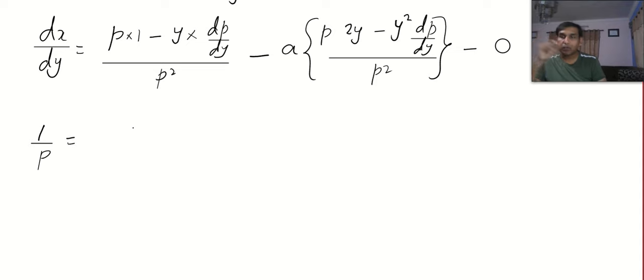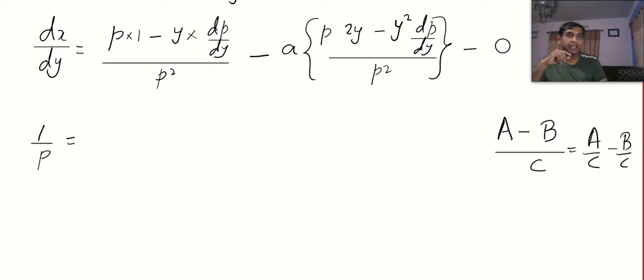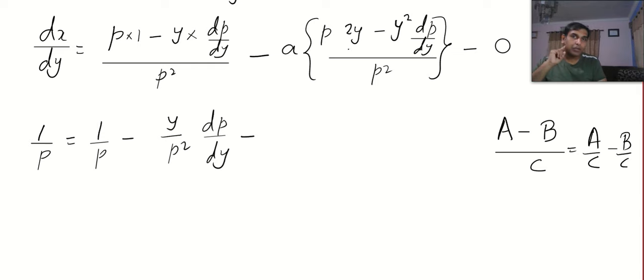So I get 1 by p is equal to, do you remember we can write a minus b by c as a by c minus b by c. So I'm going to use that. This will become p by p squared minus here we will get y by p squared into dp by dy minus, now look at this, I'm going to divide as well as I'm going to take this a inside.